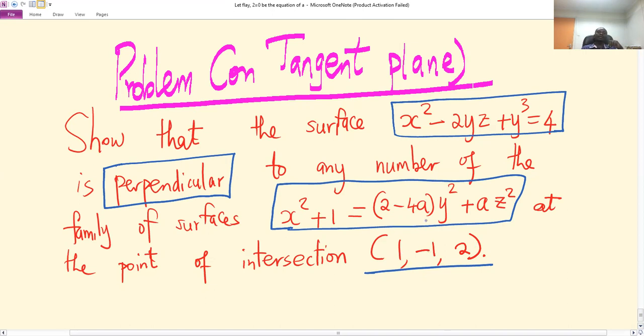Then also find the partial derivatives of this other family of surfaces, which define the direction ratios, and replace the values with 1, minus 1, 2 for x, y, and z respectively, and then show that the dot product of those two direction ratios in the first case and the second case is 0. That is what confirms that those two surfaces are perpendicular. So this is what I mean.